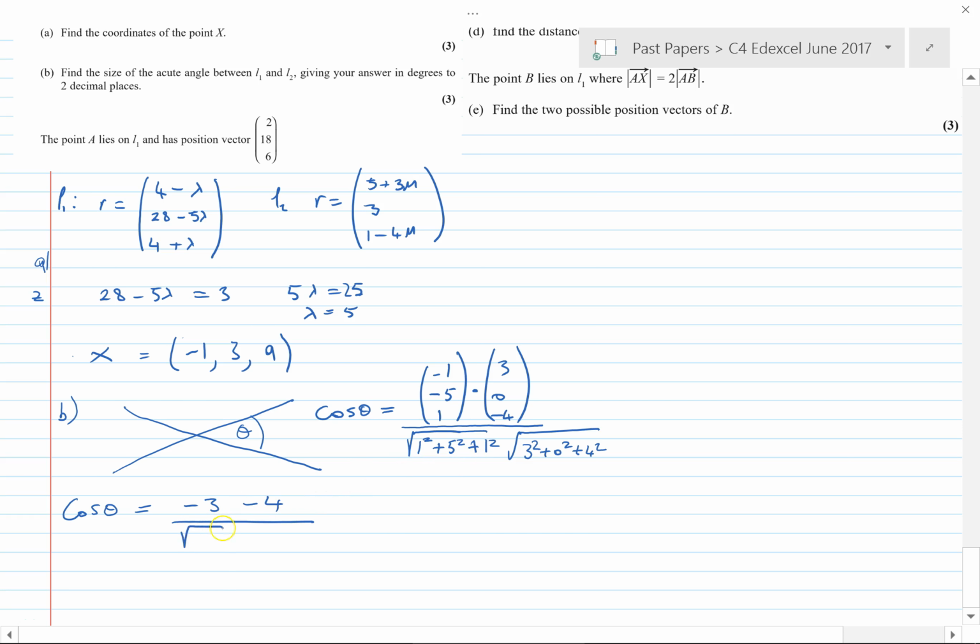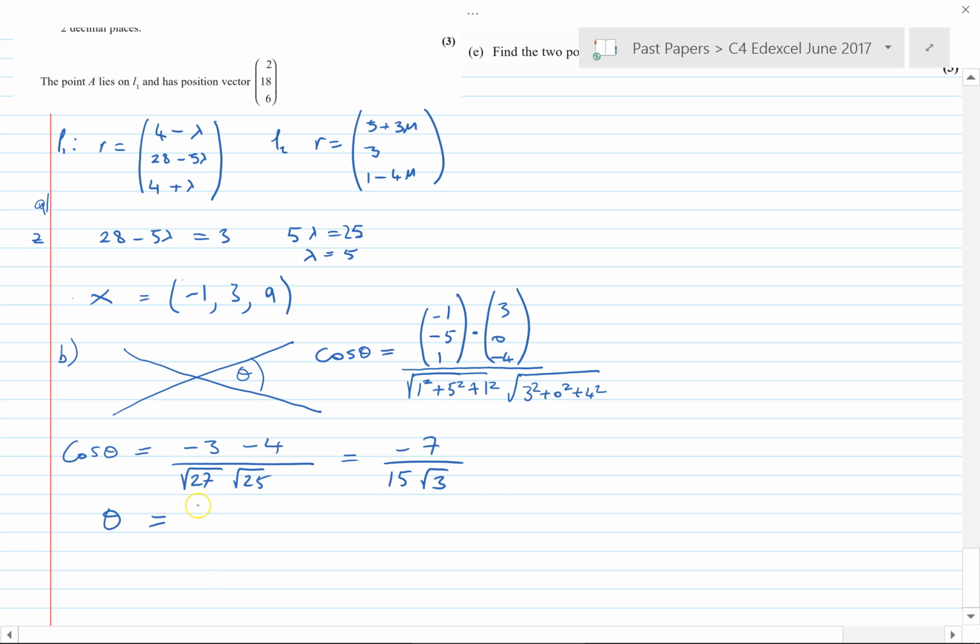This here is the square root of 27, and this is the square root of 25, so that's minus 7 over 15 root 3, I think it comes to exactly. And when I work out the angle theta, I get the number 105.6.